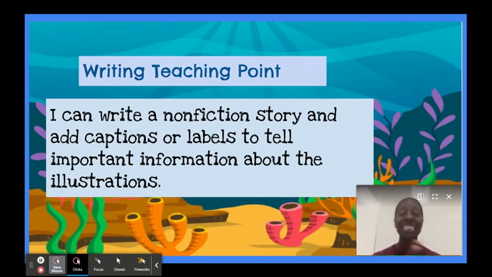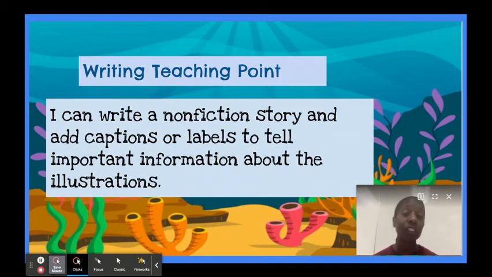And we wrote yesterday about, you were experts on whatever you wanted to write about. So yesterday I chose to write about dolphins because I learned so much about dolphins yesterday. So today you're going to either add to that piece of writing or you're going to do a new piece. It is your choice.